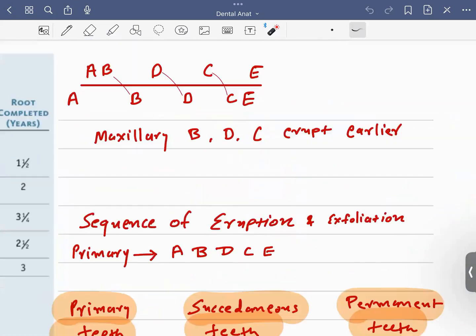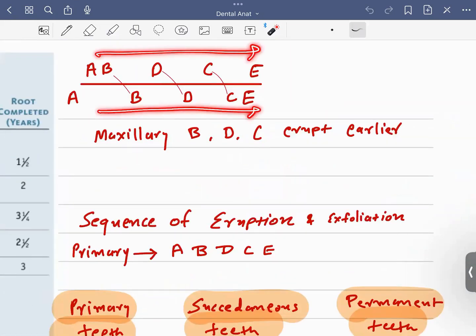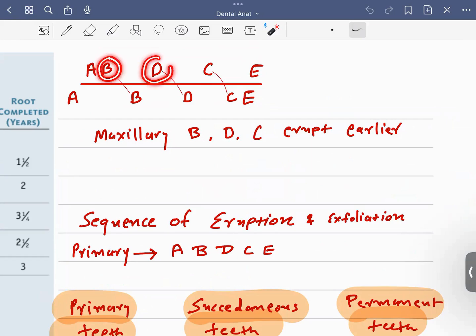ABDC is the sequence both for the maxillary and mandibular primary dentition, but the maxillary lateral, maxillary first molar, and maxillary canine erupt earlier than the mandibular ones. So this can be asked: between maxillary and mandible, which one is erupting earlier?